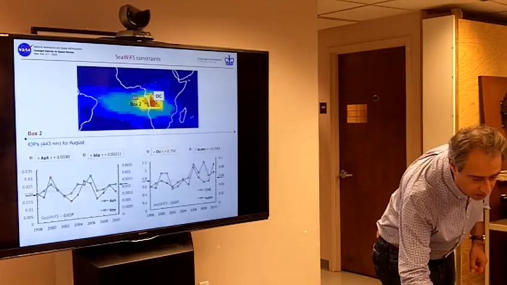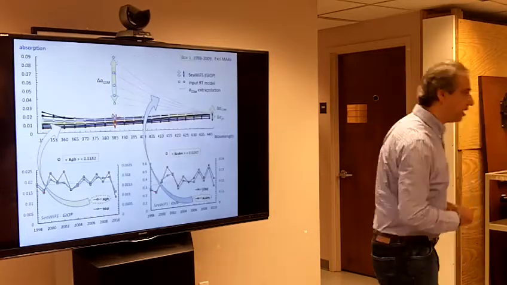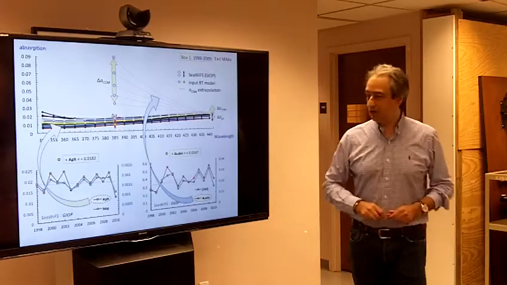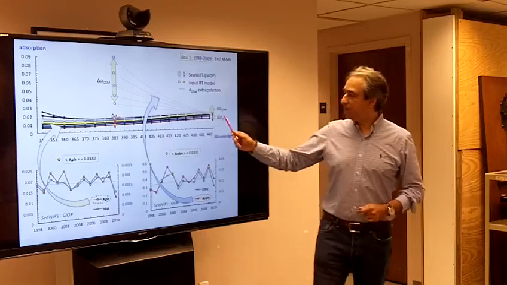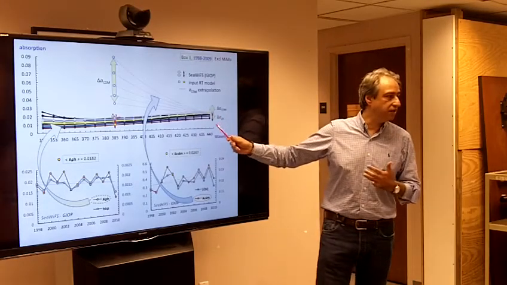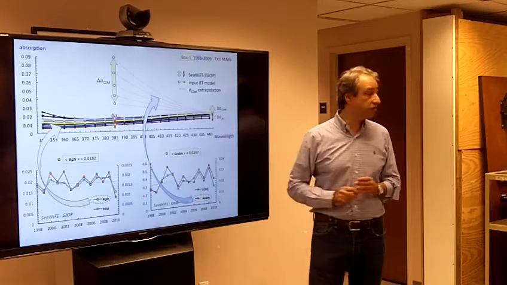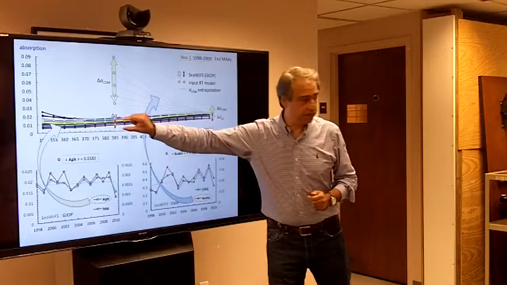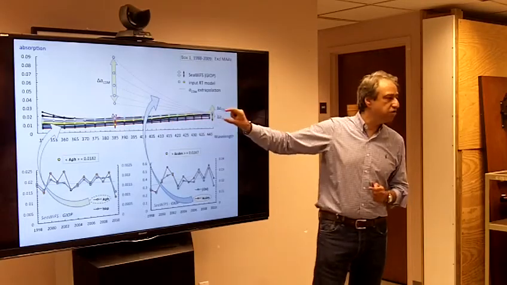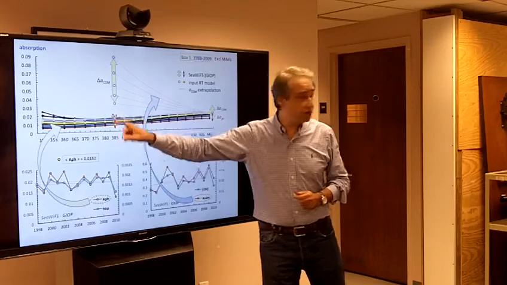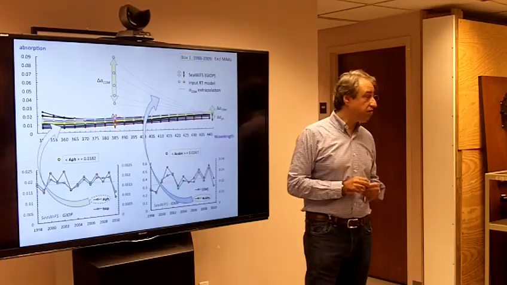Okay, so I'll go back to this, and there are two answers that I'll give you. What I did was look at the retrieved absorption by phytoplankton at 443 nanometers, and I looked at a lot of different phytoplankton absorption spectra to see what the corresponding values would be in the UV part of the spectrum.